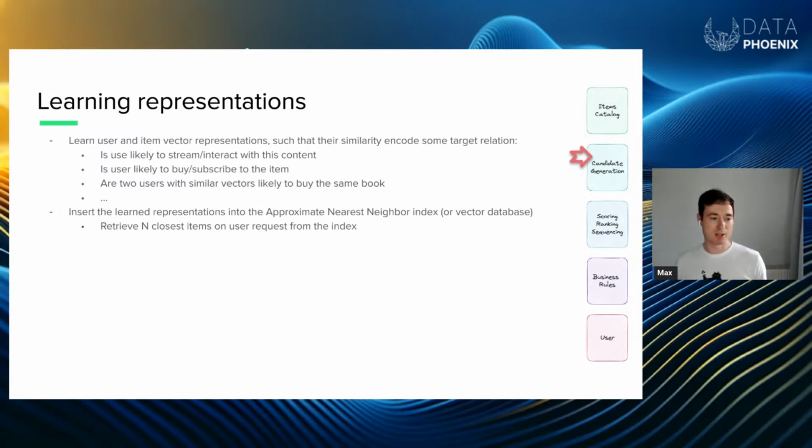The main task of the approximate nearest neighbor is, in really fast time, to give you the n approximately closest items in the vector space that we computed. And because of how we constructed the vector space in the first place, we know that the n approximately closest items to the user are the items that the user is most likely to interact with. So that makes a really powerful candidate set that we can then later operate on.